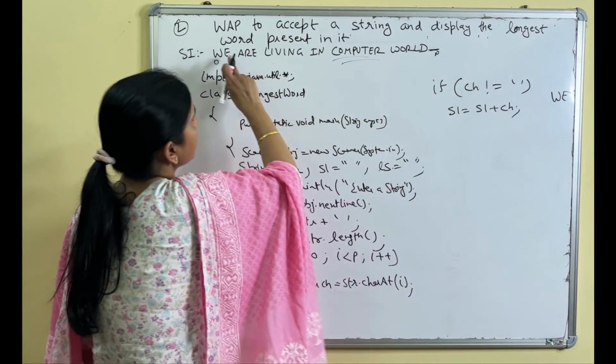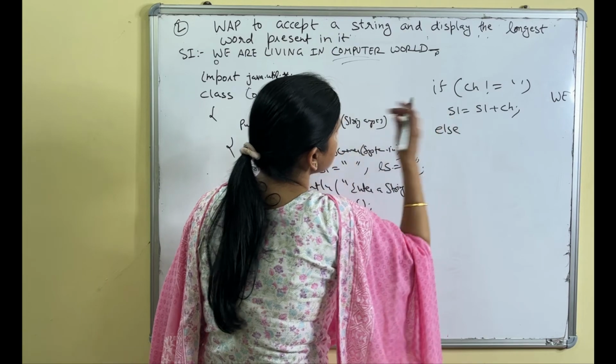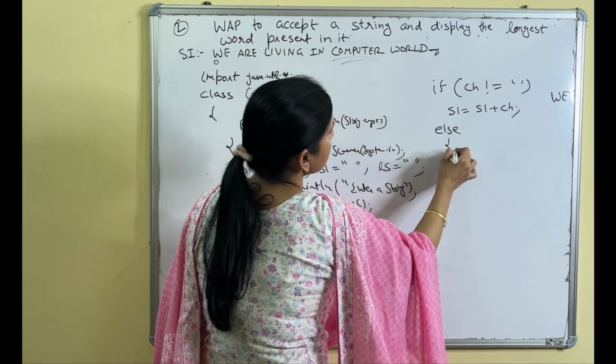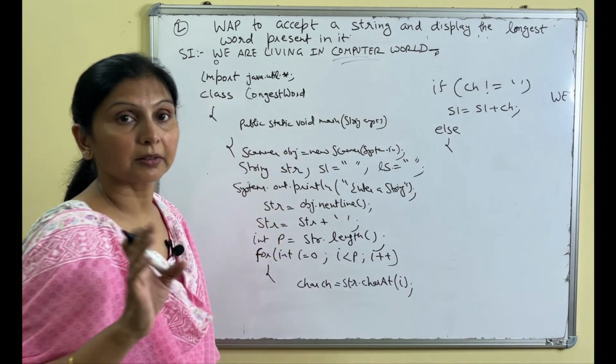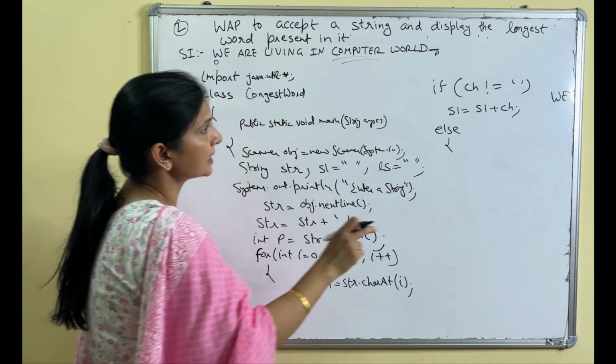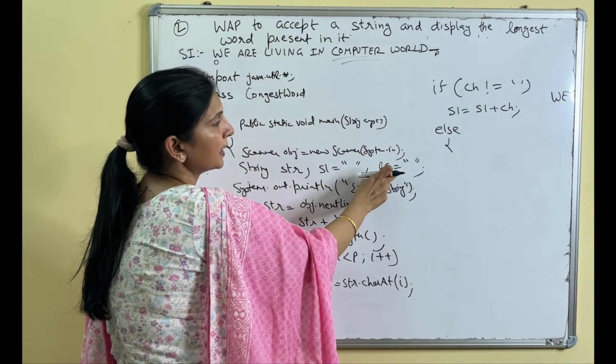As we get the blank space, the condition will be false and it will come to the else, right? So in the else, what will we do? Now we will compare the length. The length of what? We will compare the length of "we" with the blank one.